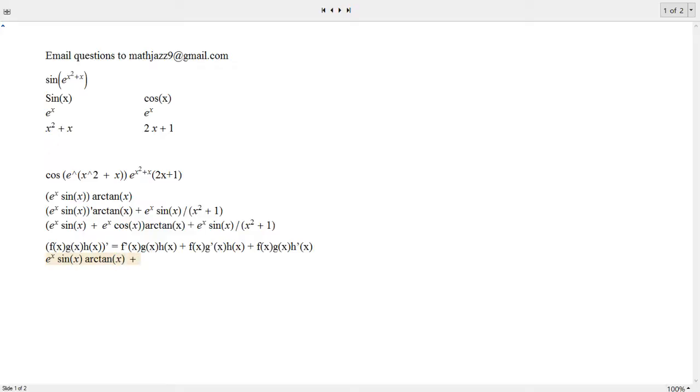And then e to the x times the derivative of sine of x, which is cosine of x, times arctangent of x. And the last term is going to be e to the x sine of x, and then 1 over x squared plus 1.